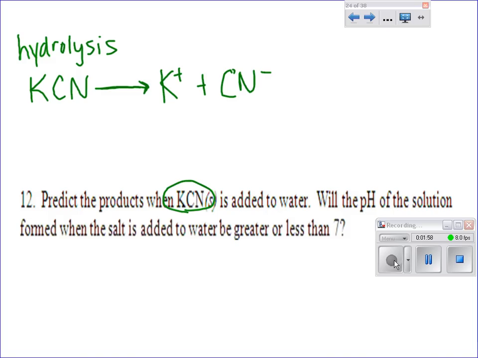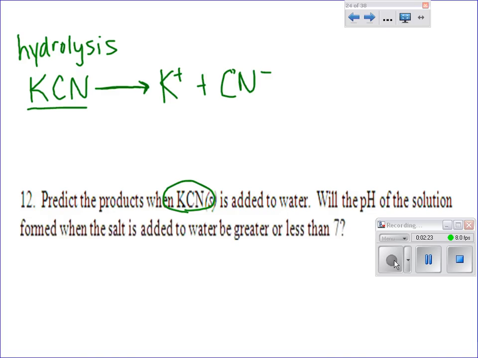That's really important. Now, in order for us to figure out what this salt's going to do, the easy way is to look at the parents of this salt. How do we make a salt? You actually know how, and you might not realize you do. There's a reaction that's very common where you always make salts. Yes, an acid and a base makes what?